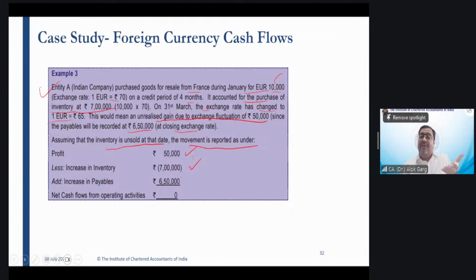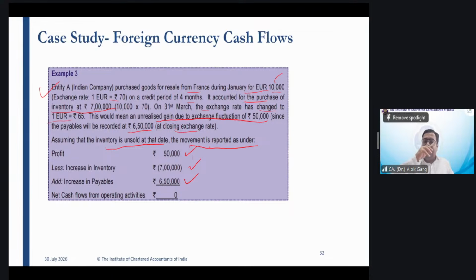So when your assets are increasing, you see negative cash flow. When your liability is increasing, then reverse, positive cash flow. It means you are not paying cash. 6.5 lakh. So profit before tax 50,000. I am assuming no other items in the P&L as per this question. Then we add non-cash items and non-operating items, nothing is there.